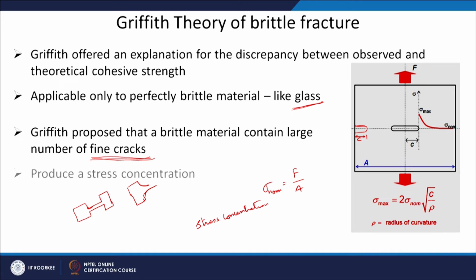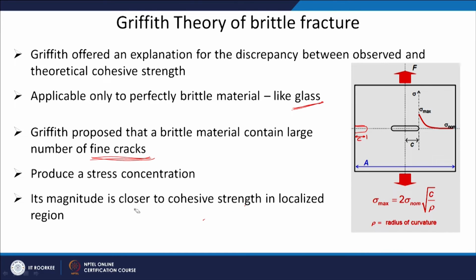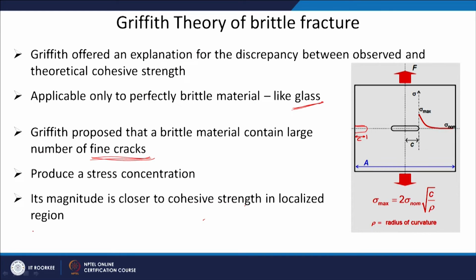So, when you have a fine crack, it produces a stress concentration, and its magnitude is closer to the cohesive strength in the localized region. The overall stress is very small, and we see that the material has fractured at this stress, but locally the stress will be very high, close to the cohesive strength of the material.